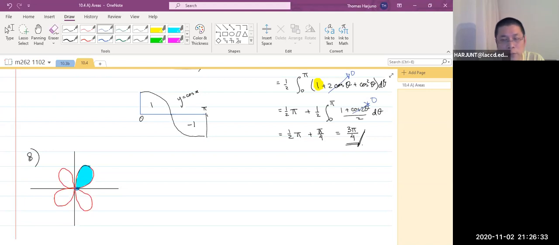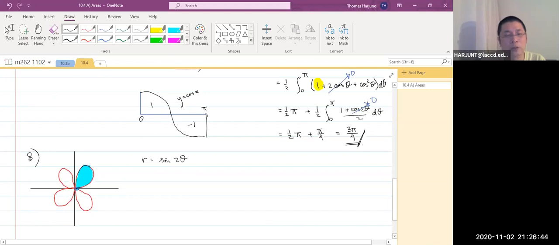This is r equals sine 2 theta. When I set it to 0, then 2 theta equals a multiple of pi. Right? A multiple of pi. Now divide by 2.